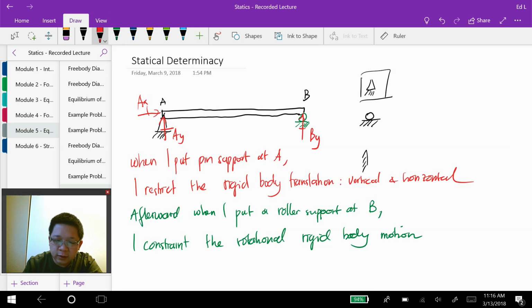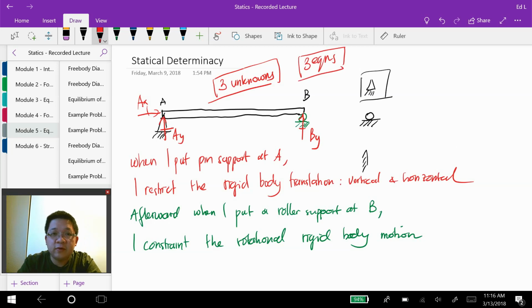So here we have 3 unknowns, and we know that in two-dimensional systems we can write 3 equilibrium equations: the sum of the forces in x equals 0, the sum of the forces in y equals 0, and the sum of the moments at any point equals 0. With 3 unknowns and 3 equations, everything should be solvable; we should be able to calculate all of these reaction forces.